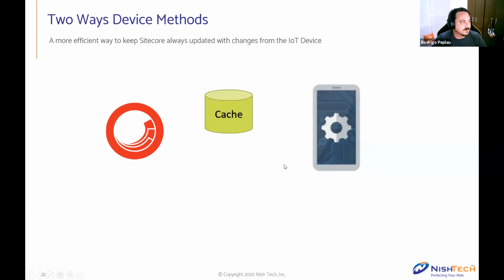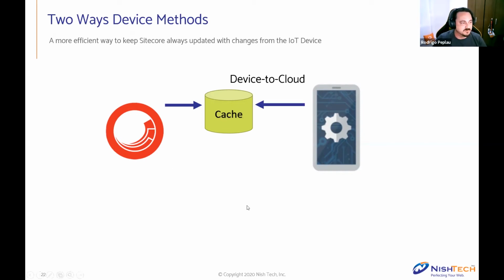And the two-ways method direction is where you have a cache in the middle. It's much more efficient. So Sitecore can first request the value in the cache. If the value is in the cache, it's very fast for Sitecore to retrieve that info.